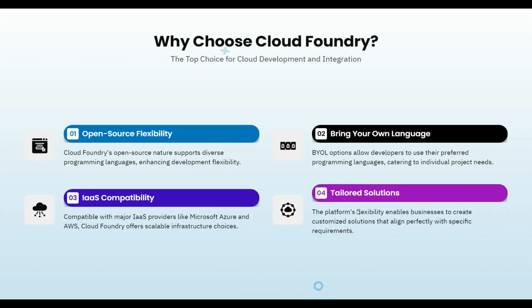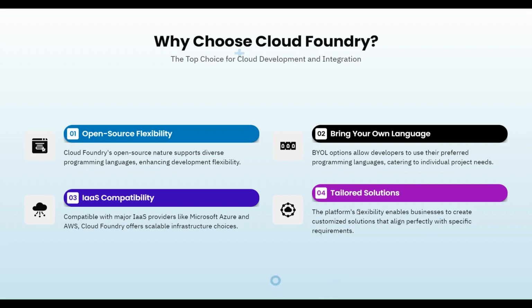You also have the bring your own language option, allowing you to work in your preferred language, whether that's Node.js, Java, or Python. Cloud Foundry is compatible with major IaaS, infrastructure as a service providers like AWS and Microsoft Azure, giving you scalable infrastructure choice. This level of flexibility allows businesses to create tailored solutions perfectly suited to their needs.